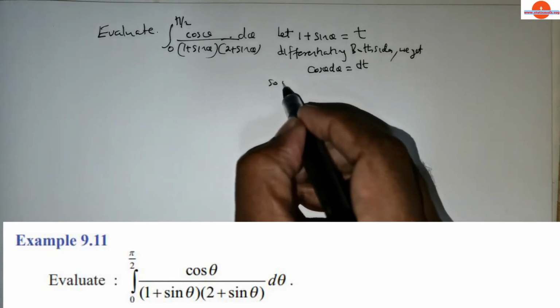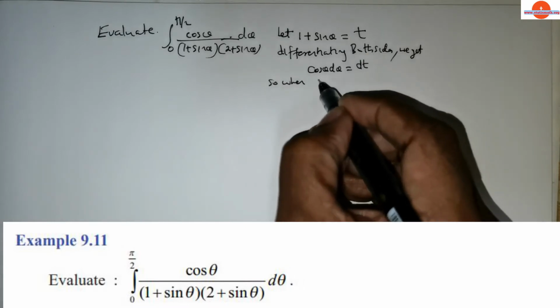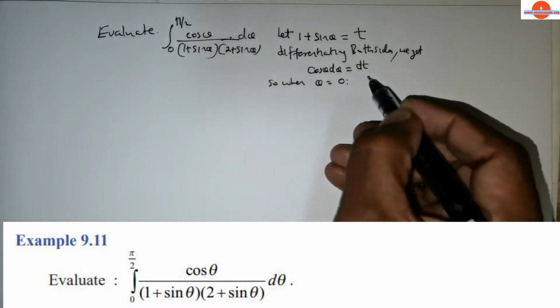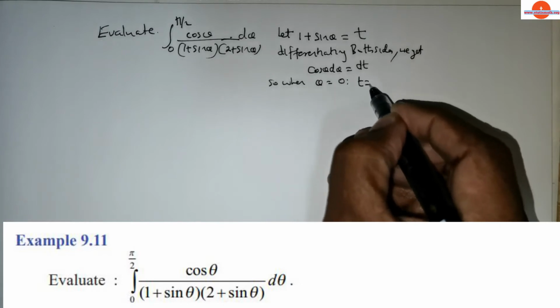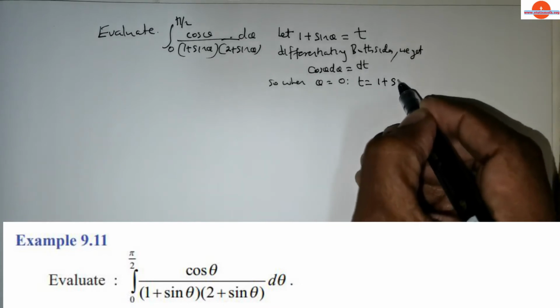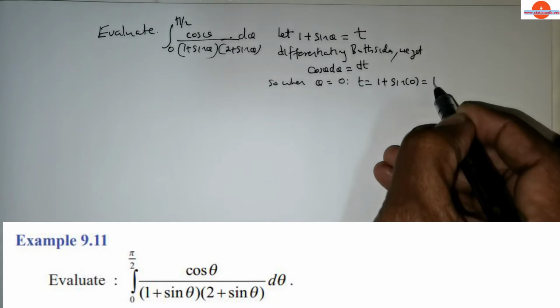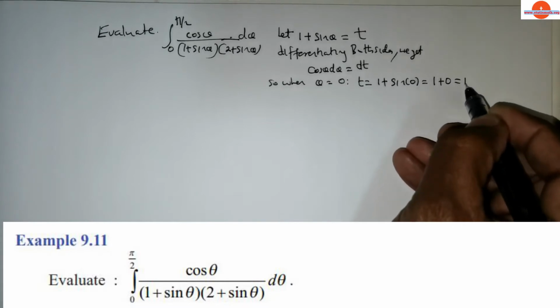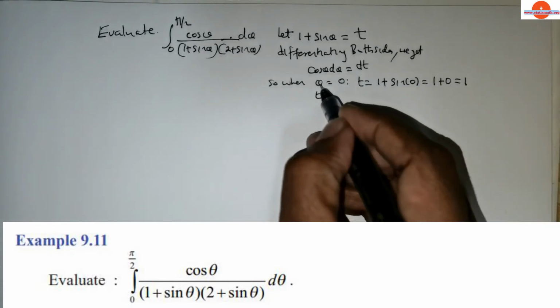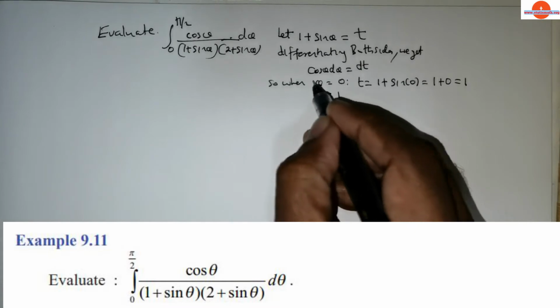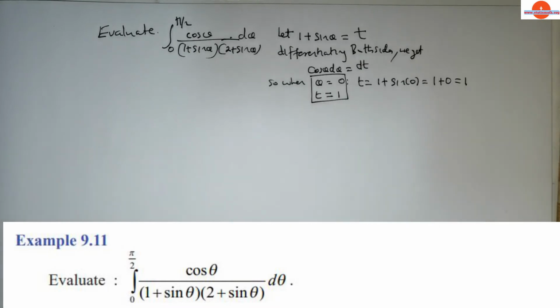So when theta is 0, t is going to be 1 + sin 0, which is equal to 1 + 0, which is equal to 1. So when theta is equal to 0, t is equal to 1.